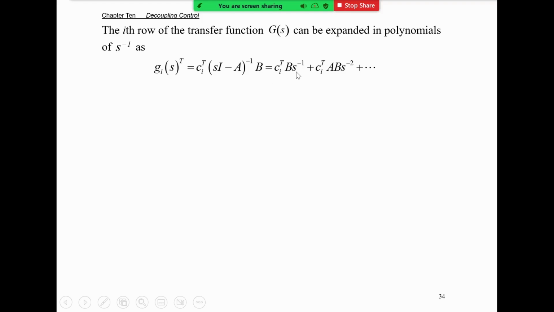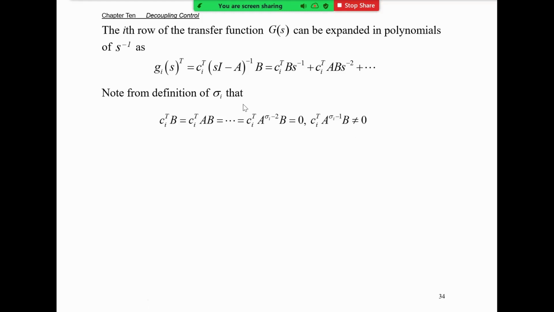I just showed you right before that this transfer function can be written as a polynomial of s inverse. Now, with the help of the definition of the relative degree, we know the leading terms may be 0 if the relative degree is not 1, so we have to take out those 0 terms.